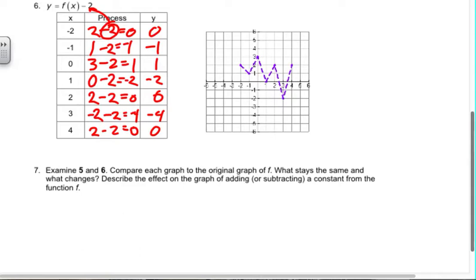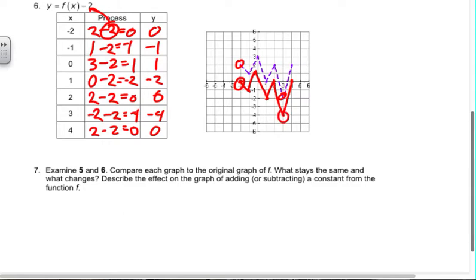So I'm going to have a -2, 0. I'm going to have a -1, -1. I'm going to have a 0, 1, 1, -2, 2, 0, 3, -4, and 4, 0. And again, if we take a couple of points, we can identify pretty easily.